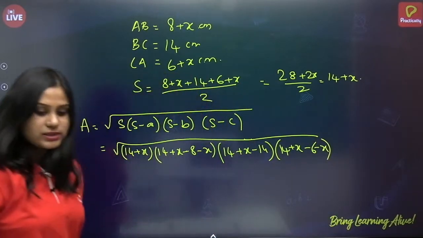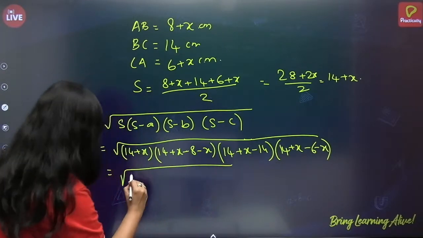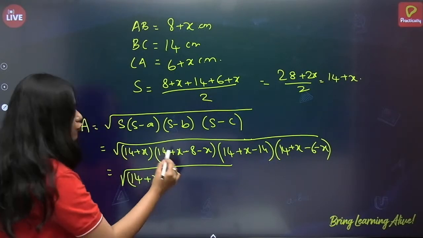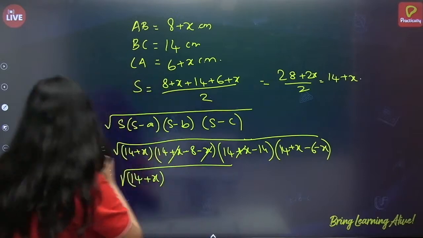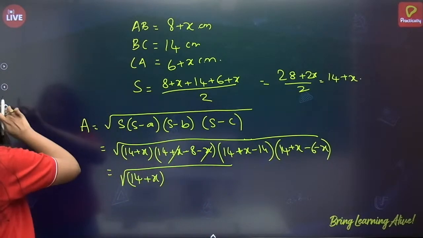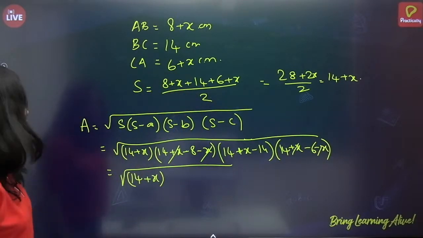Alright, let us simplify this. Here 14 plus x minus x. Correct? So what will we get?